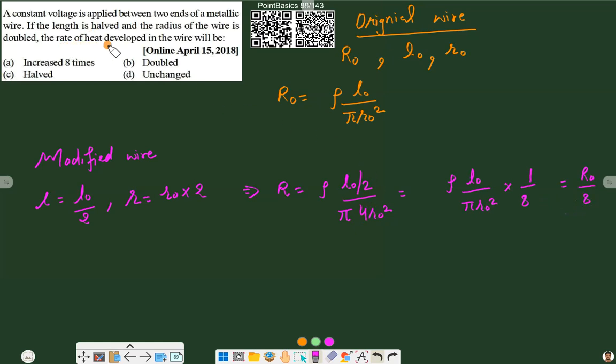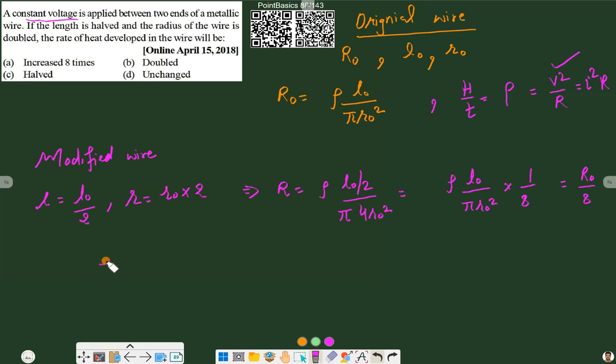Now we have to calculate the ratio of rate of heat developed. We know that rate of heat, or heat by time, is known as power, and for a wire we have two formulas for power: V square by R and also I square into R. Now as in this case voltage is constant, we will use the formula which includes potential.